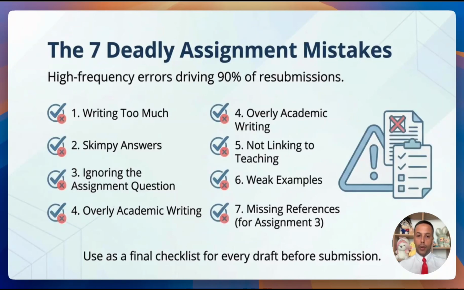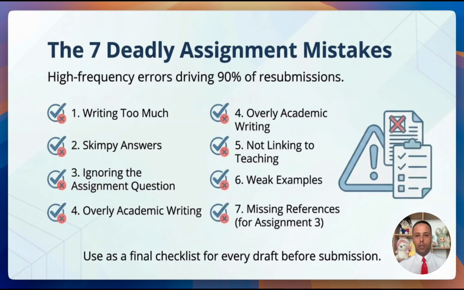Mistake 7, missing references. For assignment 3 specifically, you are required to write references. So do not miss references, because there is no writing assignment at this level without references or citations. If you used sources or resources, you must write references.